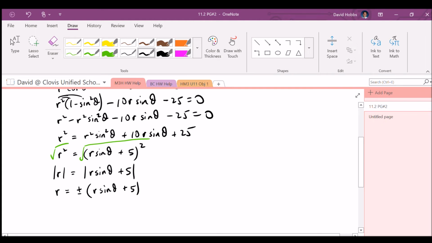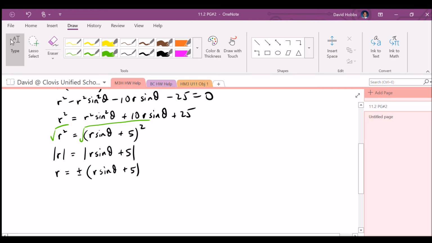Okay, so now, by the way, at this point, if you wanted to pause the video, you could pause and try to finish it off and match up to the answers that are there on the worksheet. But I'm going to continue right now.